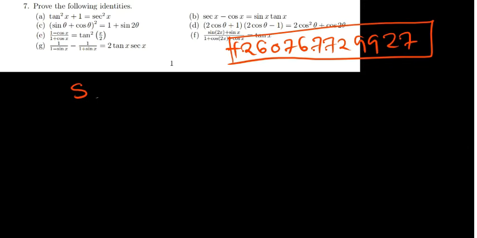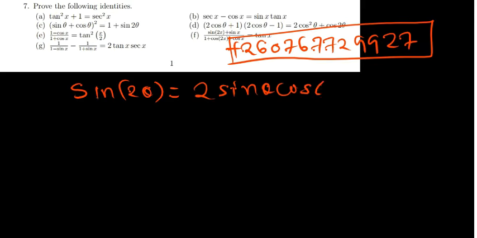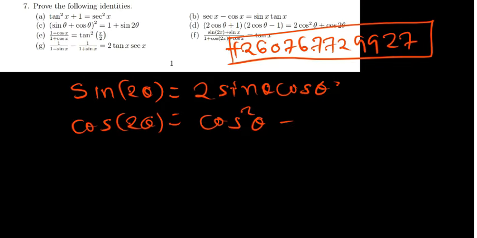If I have sine 2 theta, this is an identity. It can be replaced by 2 sine theta cos theta. Then if I have cos 2 theta, this is another identity. It can be replaced by cos squared theta minus sine squared theta.